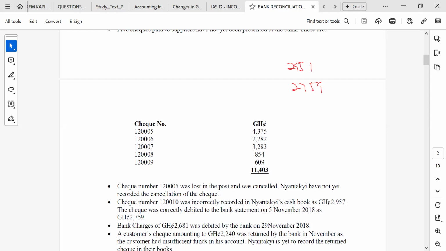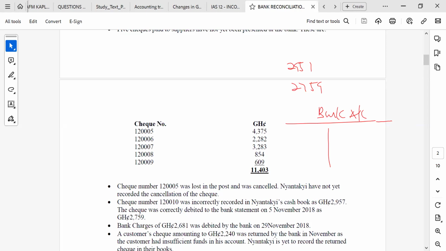It can be an error of transposition. Anyhow, if it is transposition, it will always result in an overcast or undercast. Let's come here. At the time that we are entering, this is how the transaction has been done. So this is our bank account. We are paying, isn't it? You can see they are debiting, which means that we are paying.